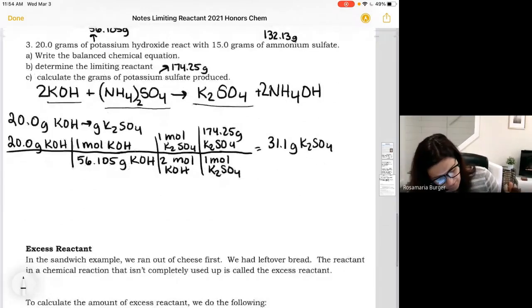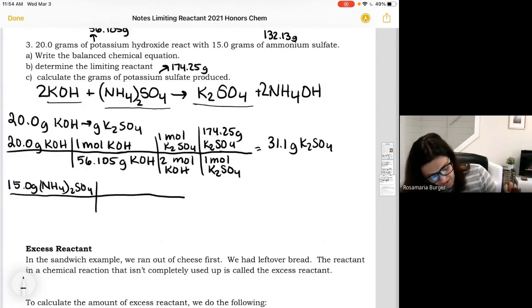Okay, so now we've got 15.0 grams of (NH4)2SO4. We'll get rid of grams of that.